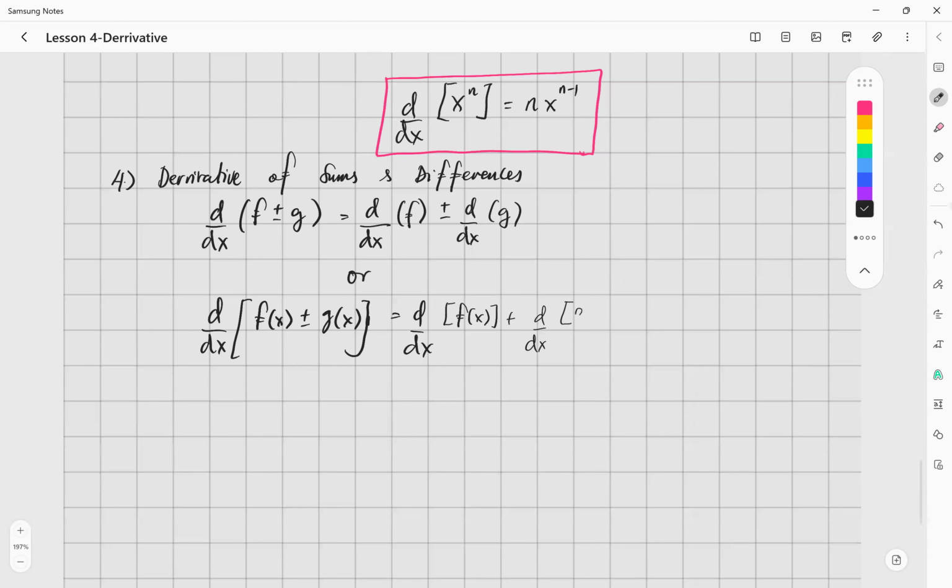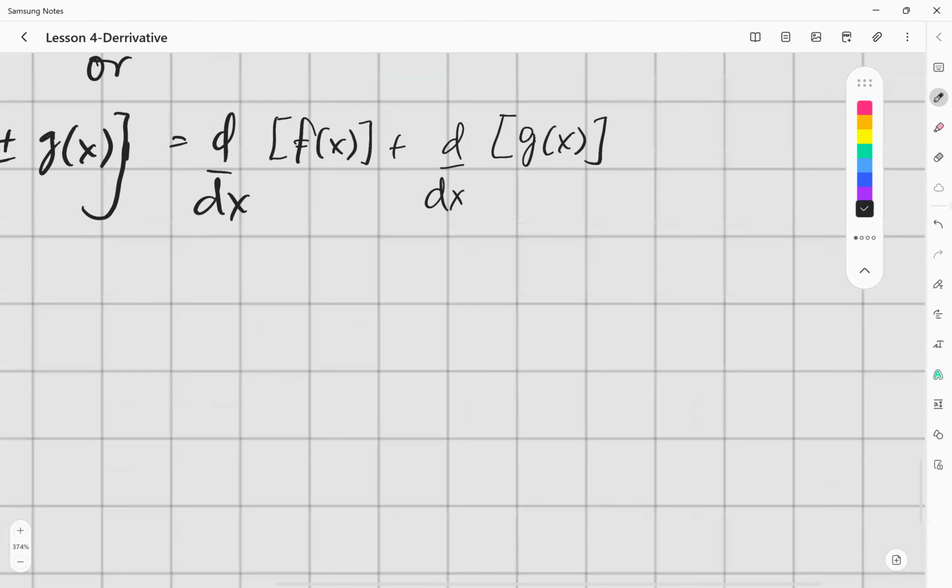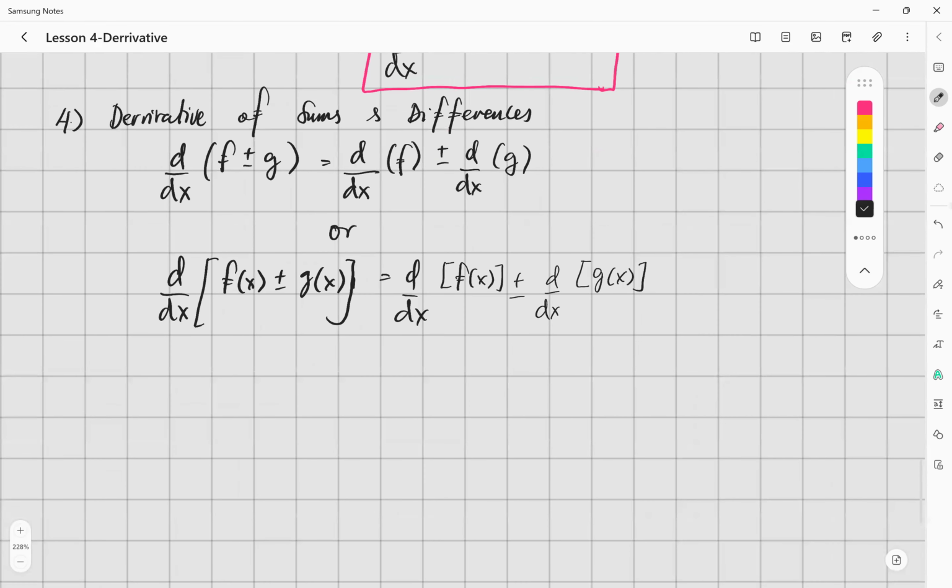Simple, not very hard. Here it's plus or minus, and the symbol doesn't actually matter.